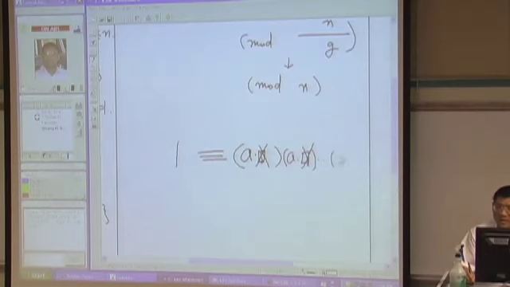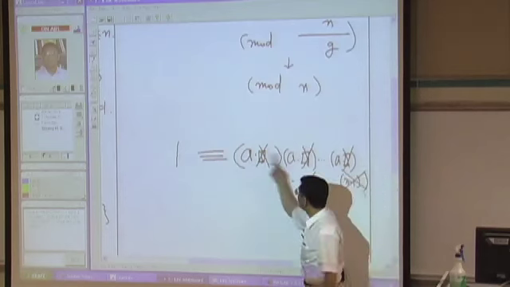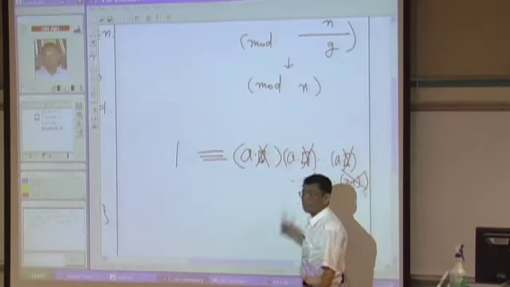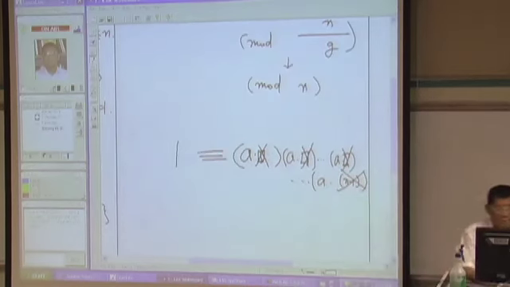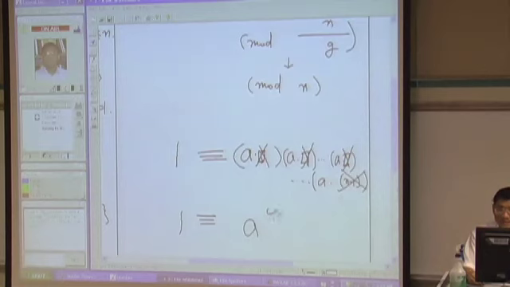And then a times k, this is gone. And then a times n minus 1, and then n minus 1 is gone, right? Do you see it? So I canceled out all numbers but these a's. So eventually what I have is 1 is congruent to a multiplied how many times total? Phi of n times. Done, right? So I completely proved it.